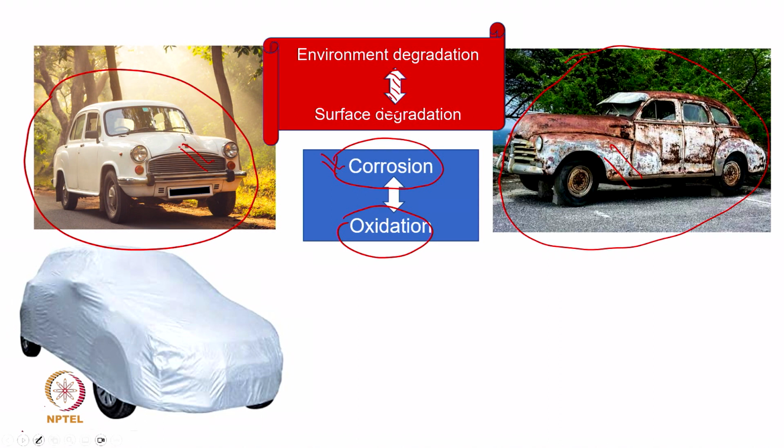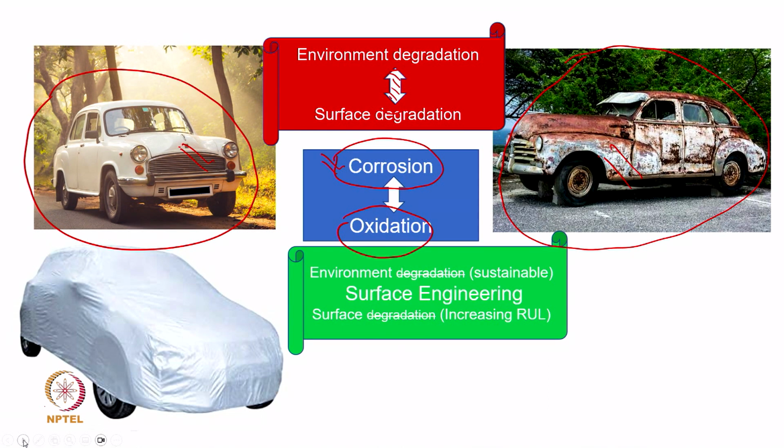And when we say this is a way, then we can introduce surface engineering as a domain or discipline, a kind of engineering tool, to protect against all the damages happening because of corrosion or environmental damages. We can prevent degradation of the environment, and we can prevent degradation of surfaces also. That means, if you want to eliminate the word degradation, you bring surface engineering into this.